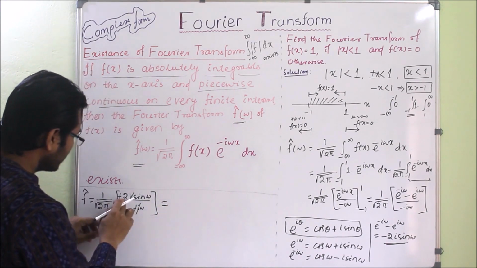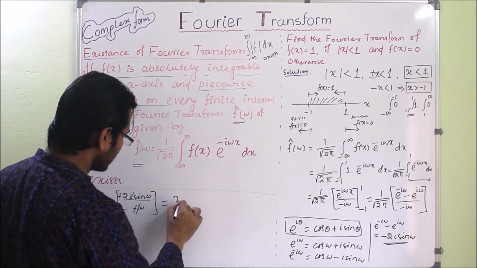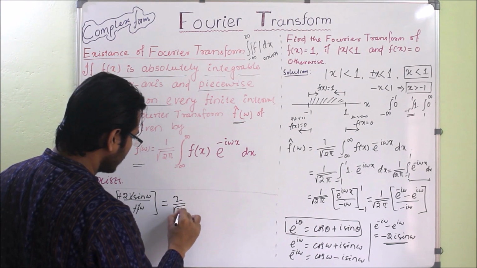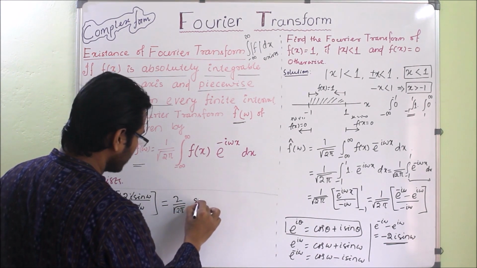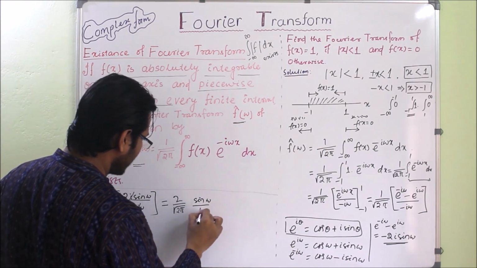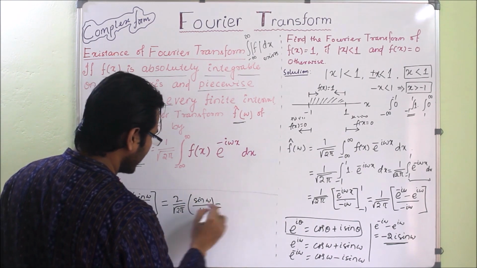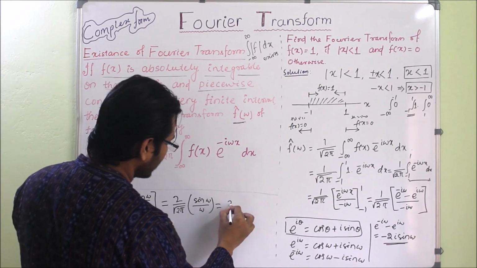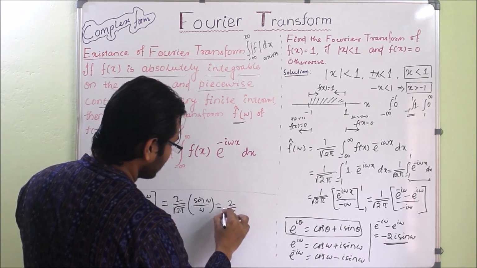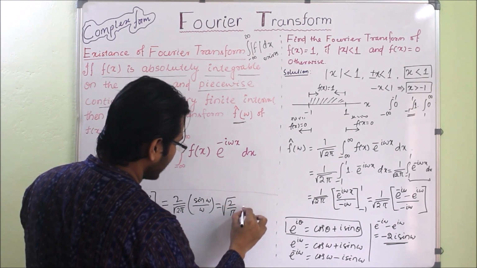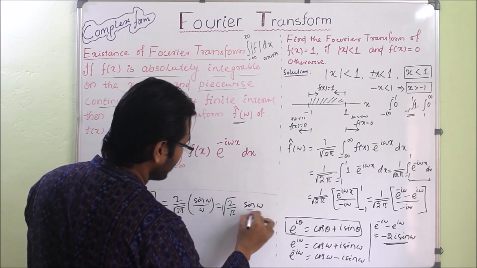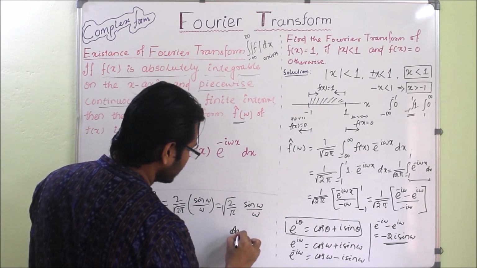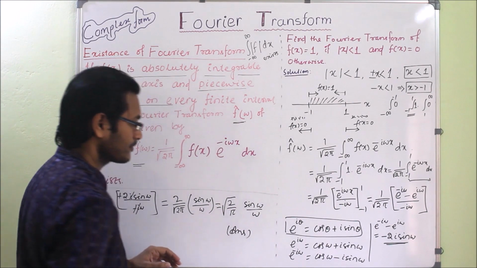Finally what we will get? This 2 will come outside, so 2 by square root of 2 pi whole into sin w divided by w. Finally the square root of 2 and 2 will cancel out, and we will get square root of 2 by pi into sin w by w.